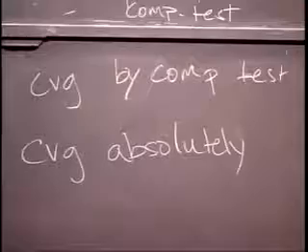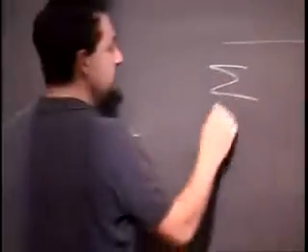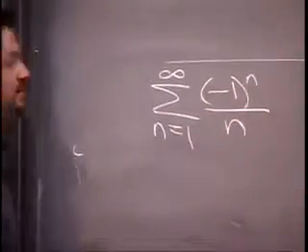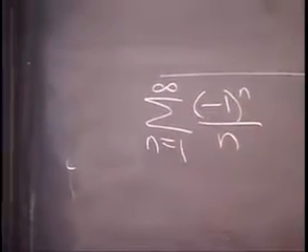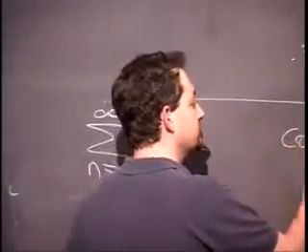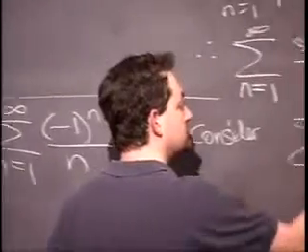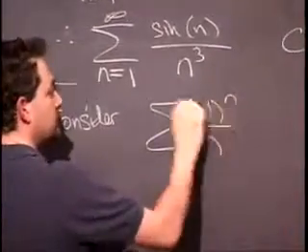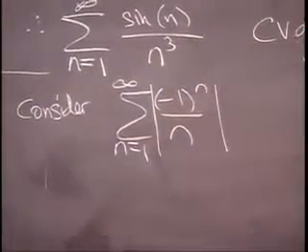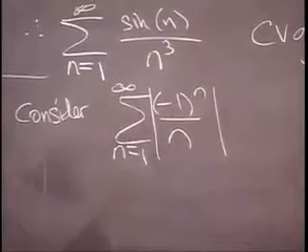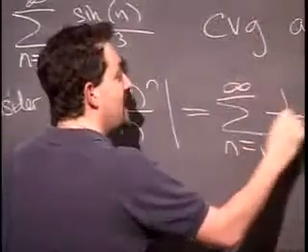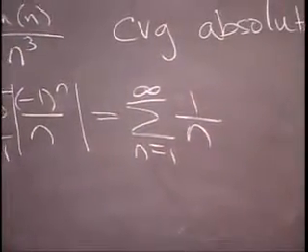Now consider one more series, and this is a really classic series. Minus 1 to the n over n. Well, consider its absolute version. So we'll take the absolute values, and the minus 1 to the n is just either 1 or minus 1. So when you take the absolute value, it forgets which one it is and just reduces it to 1 over n. Does that converge or diverge?